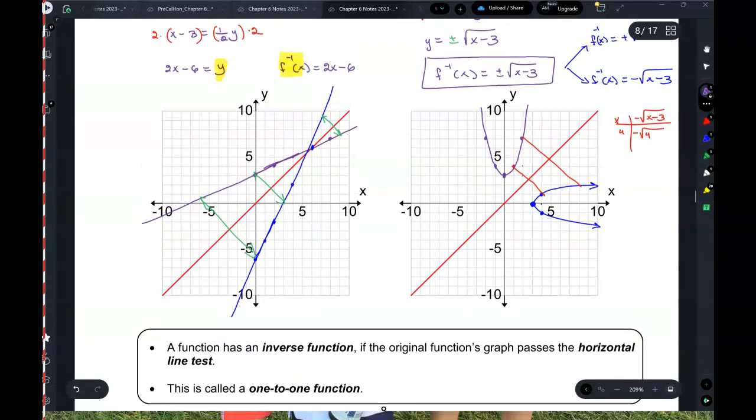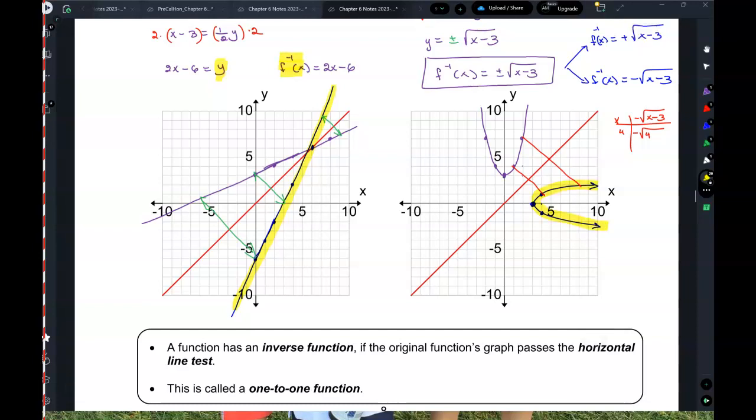Okay, now, look at this blue line here. I'm going to actually highlight it. Is that a function? Does it pass the vertical line test? Yes, it's a function. Now, take a look at this.